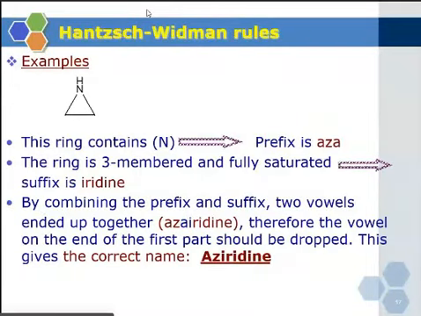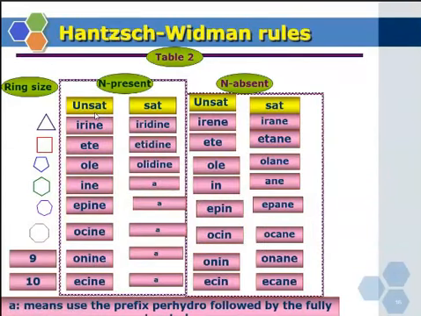For example, if we get a structure like this, it is a tricyclic compound. It is a saturated one. A tricyclic compound with saturation is given the suffix iridine.